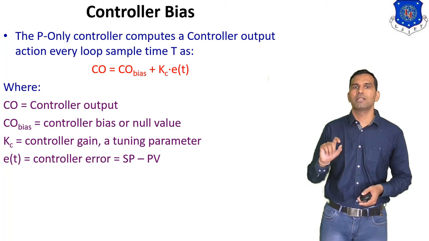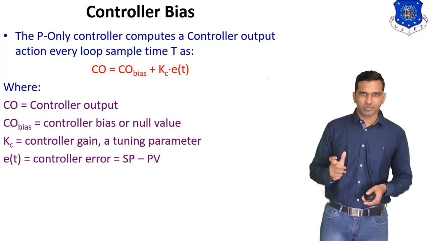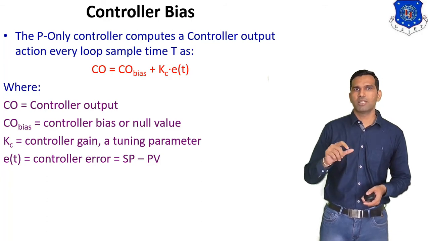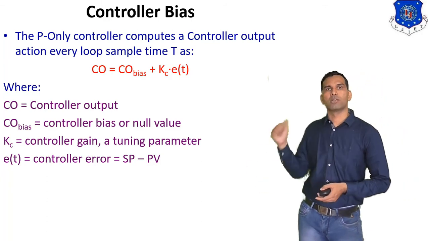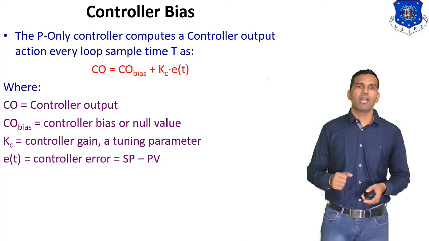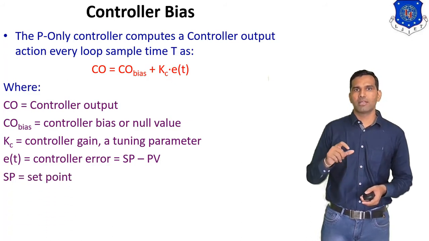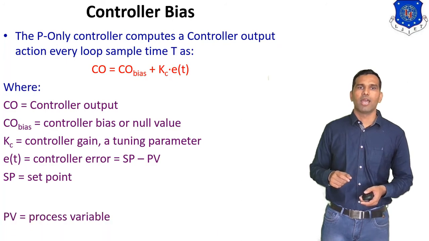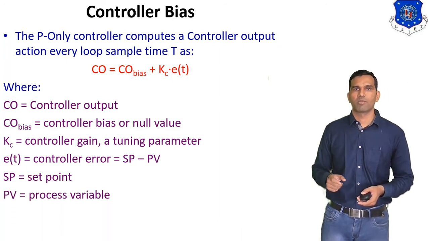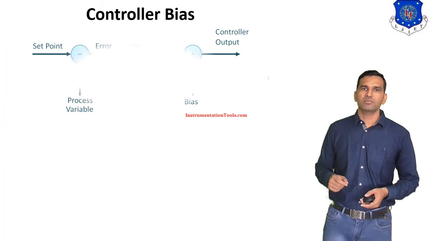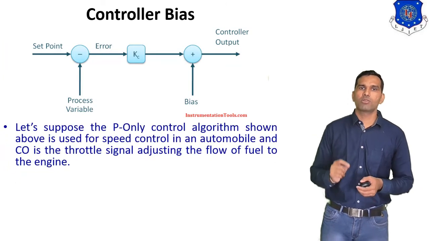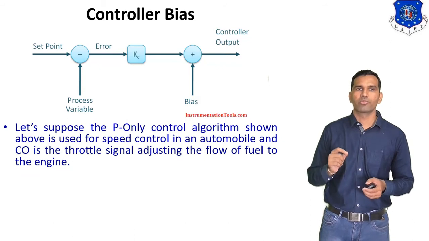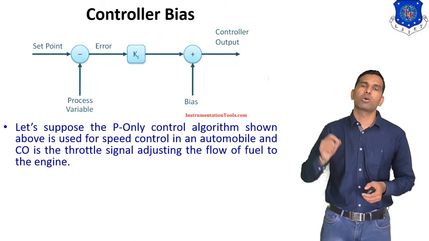We know the error is nothing but the difference between the set point and the process value. So this is the general equation for the proportional controller. Now by taking this example we understand the controller bias, where SP indicates the set point and PV indicates the process value. Let's suppose the P-only controller algorithm above is used for speed control in an automobile.